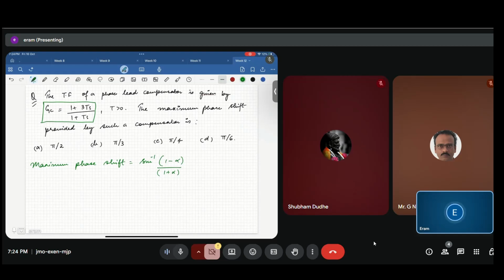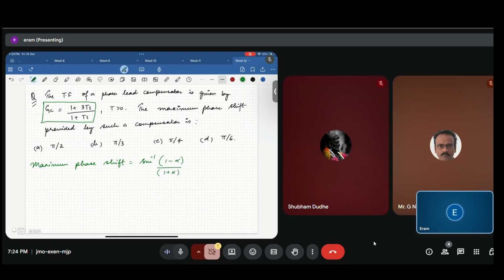By looking at the transfer function, what can you conclude about the value of alpha? If alpha is equal to 1?